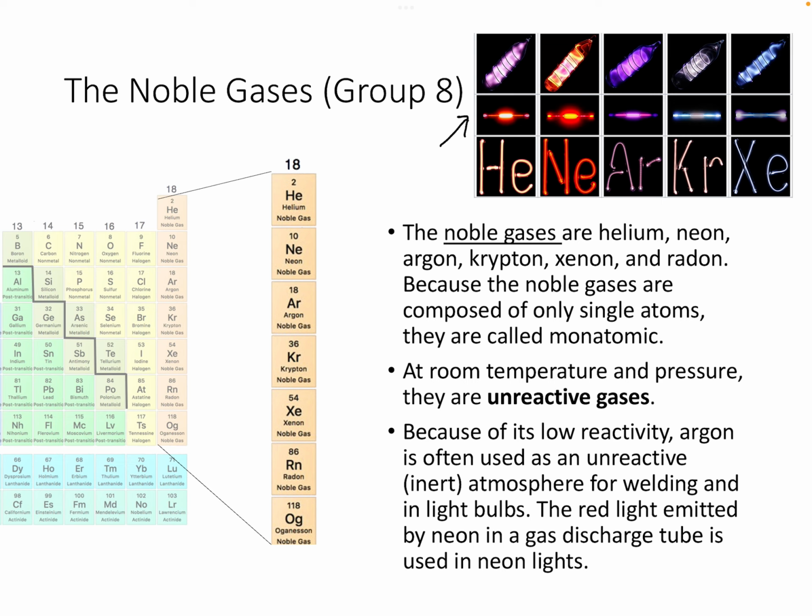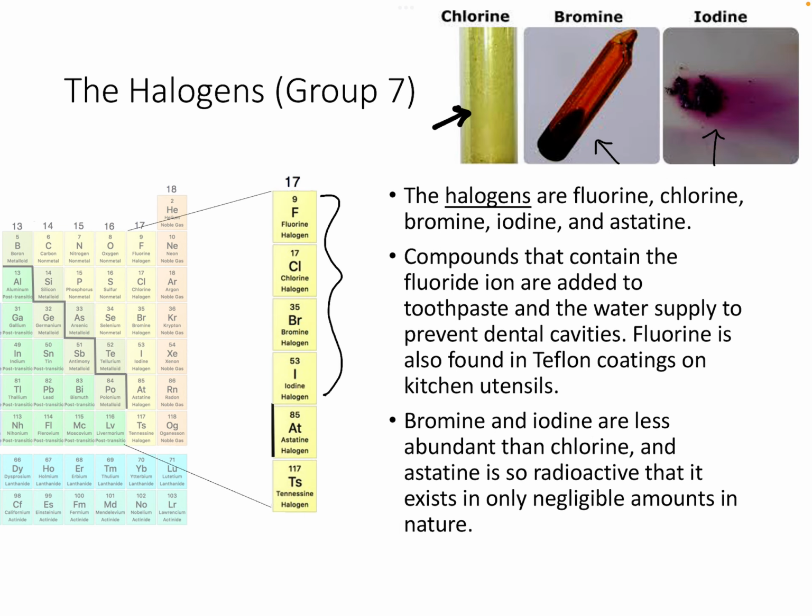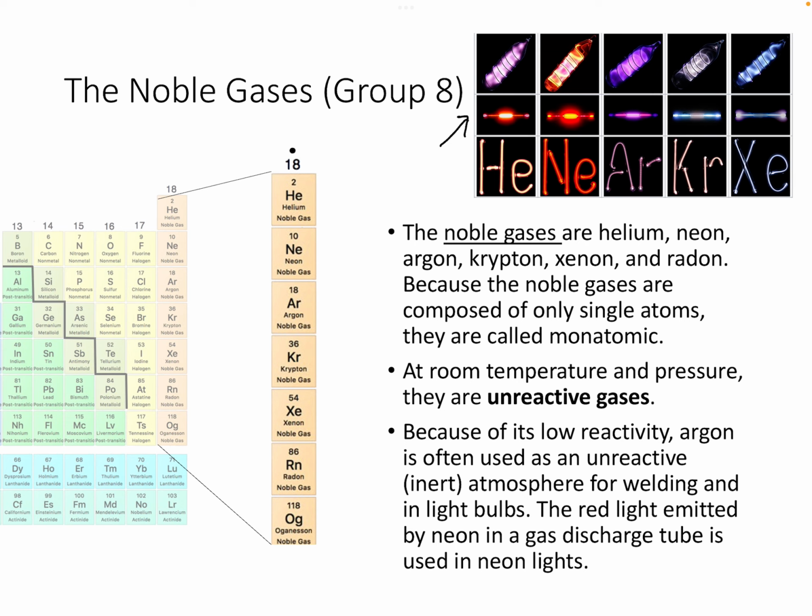Now, one thing you might have noticed as we've gone through the columns or the groups is that the last two I called group 7 and group 8, but they're listed as 17 and 18. So, if we look at the entire periodic table from left to right, there are 18 columns.